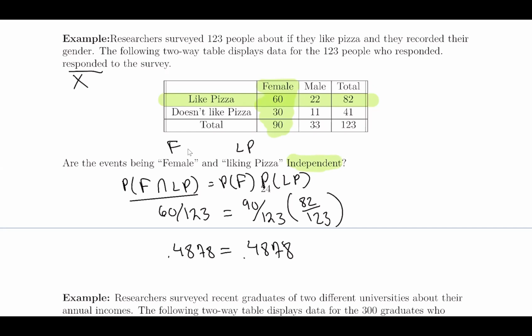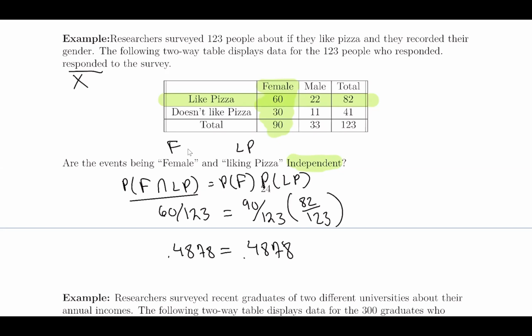Any questions in regard to that first problem? Well, in our problem, it does have to be exactly the same, because if you look, both percentages are exactly the same. But in the real world, you'll hardly get that both of them are the same.